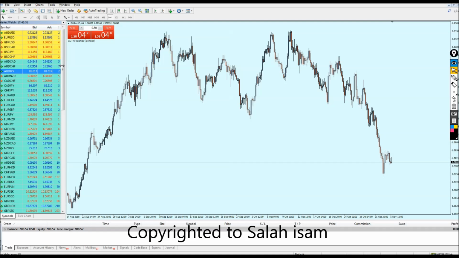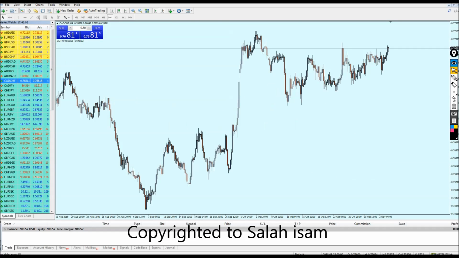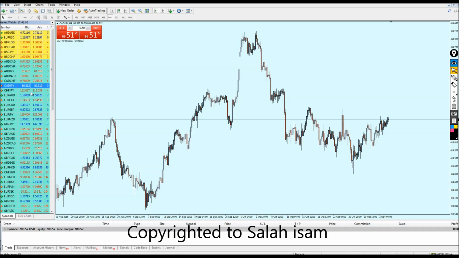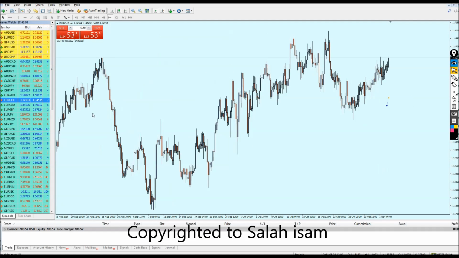There are some good setups I saw. We can use the breakout candle for it, but I don't want to do that. So I'm just now looking for any good setups to enter.